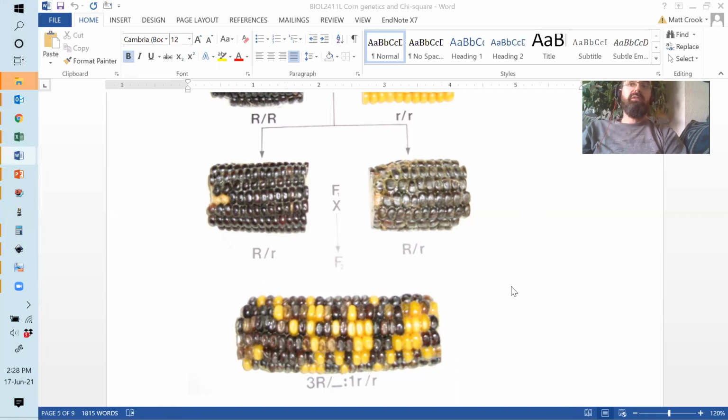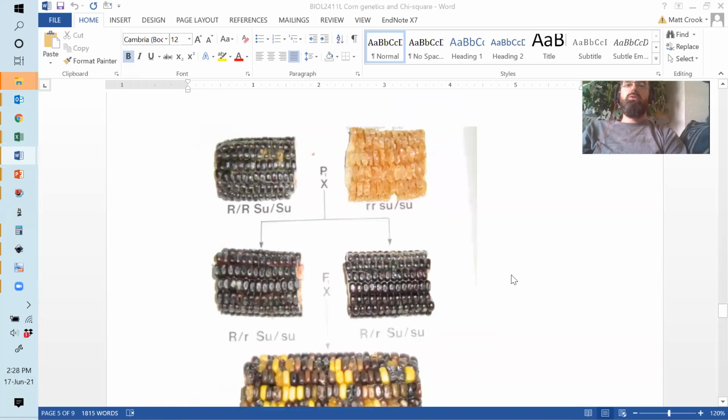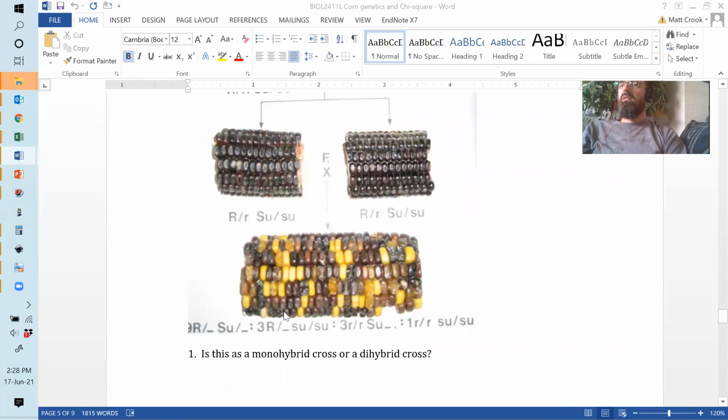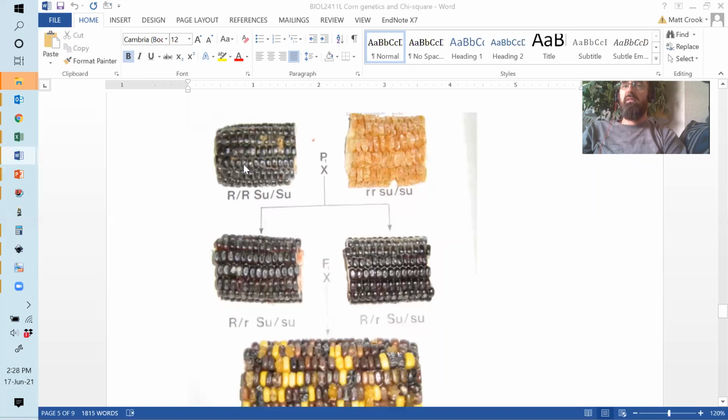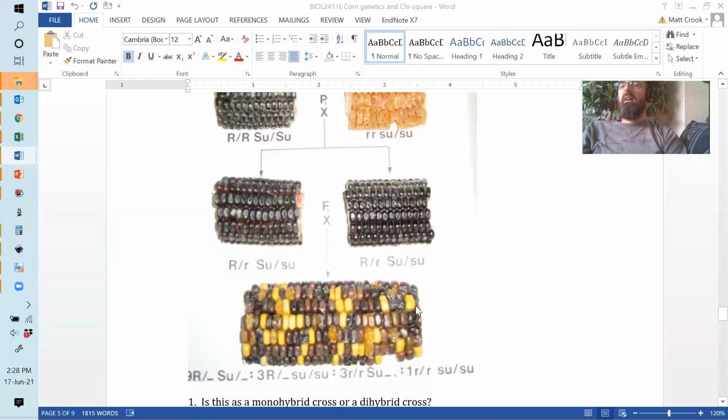For a dihybrid cross, we have 4 phenotype combinations because we have 2 traits in each parent. These are round purple, these are wrinkled yellow, right? So we have 4 possible different combinations in our F2, and they're always going to be in a 9:3:3:1 ratio.